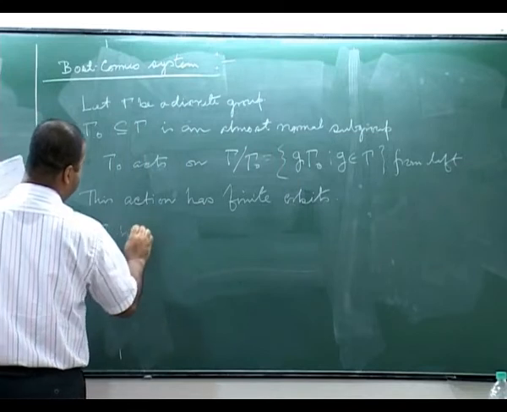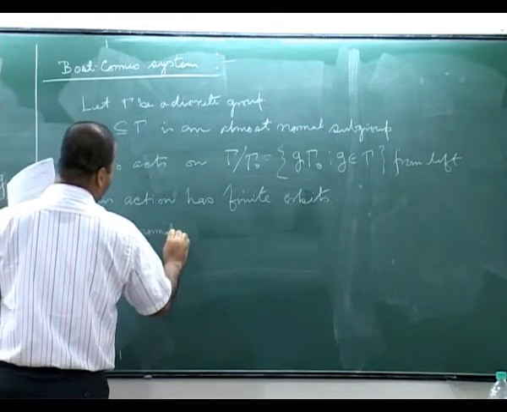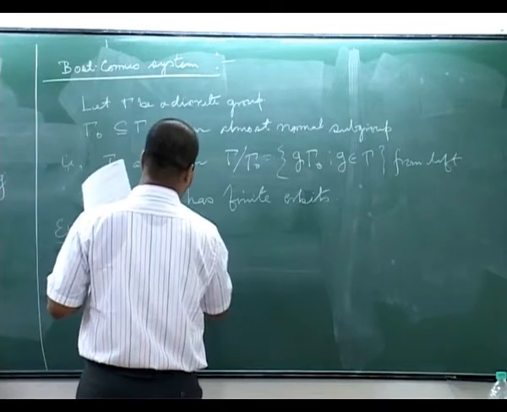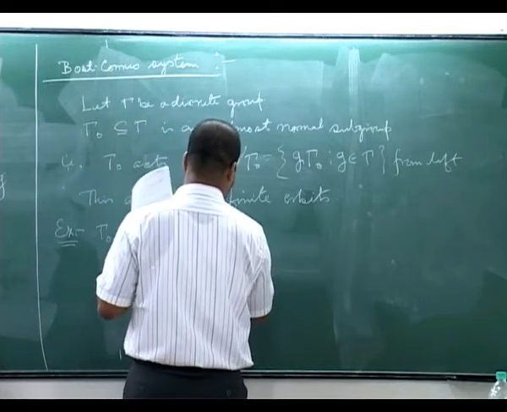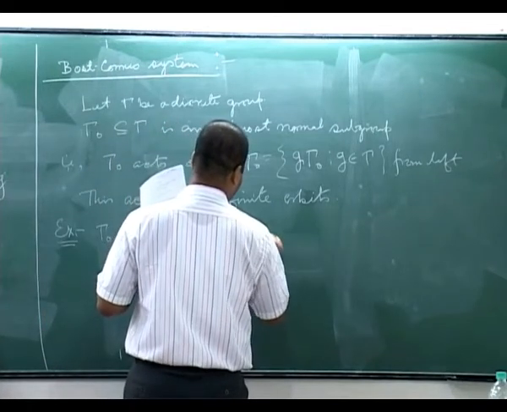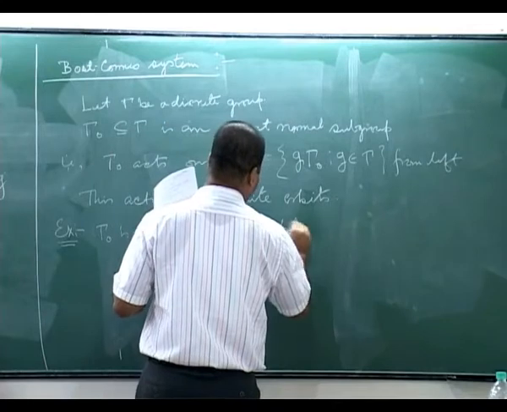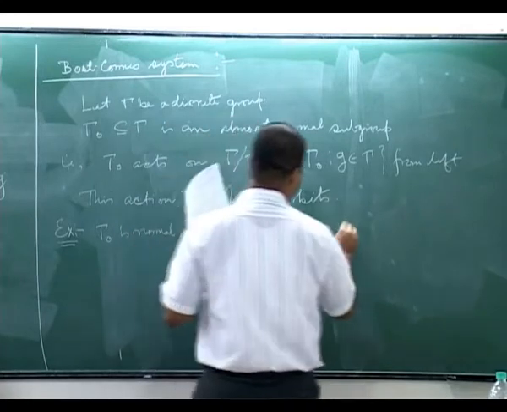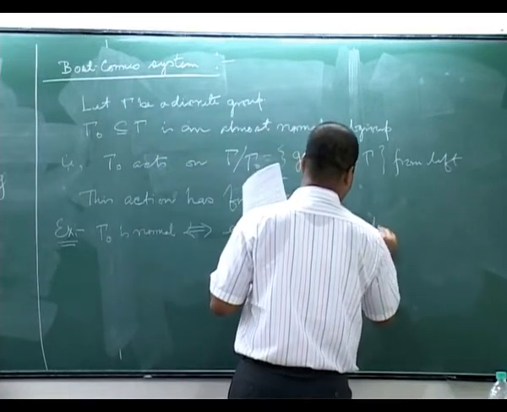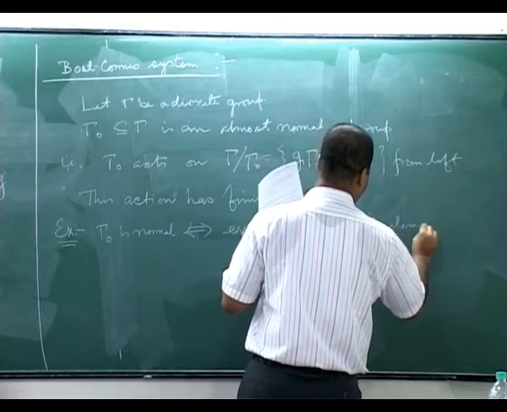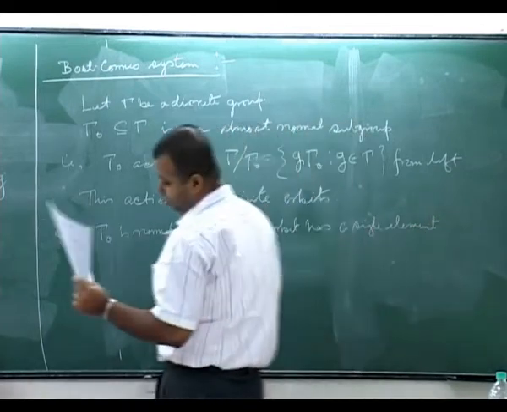Gamma naught is normal if and only if every orbit has a single element. So in that sense it is almost normal.